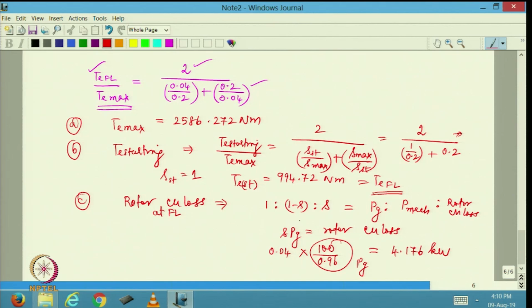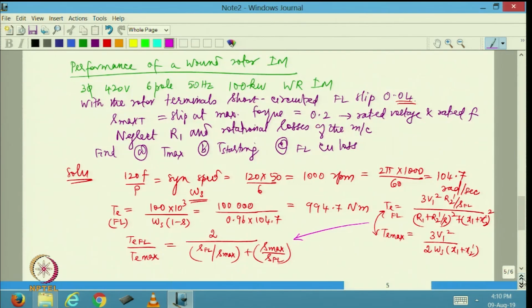Okay. So, this equation is a very important equation which we should remember all the time for the induction motor. Similarly, this is another important equation, whatever is the condition at which we are talking about the slip. And one more important equation which we normally talk about is this, and this is another equation corresponding to maximum torque.